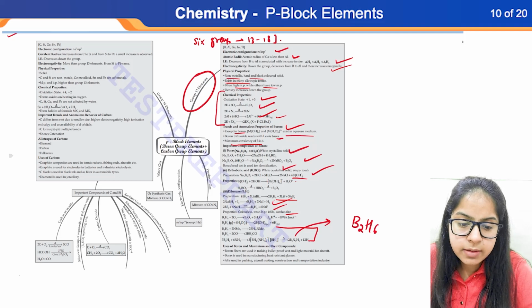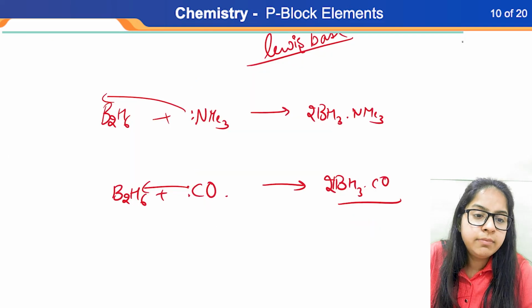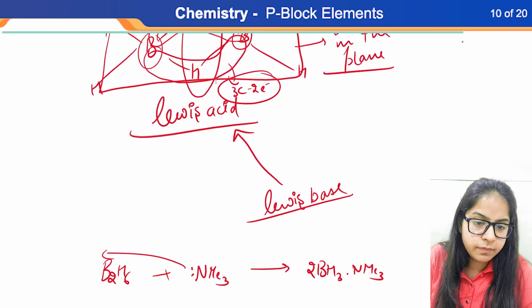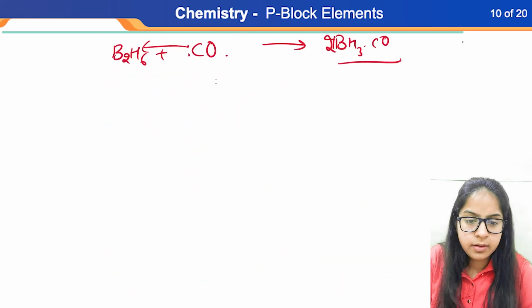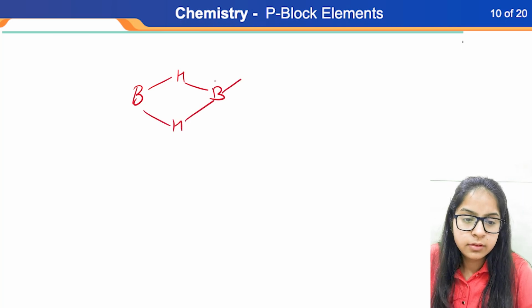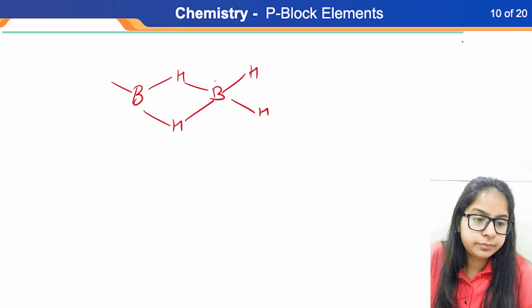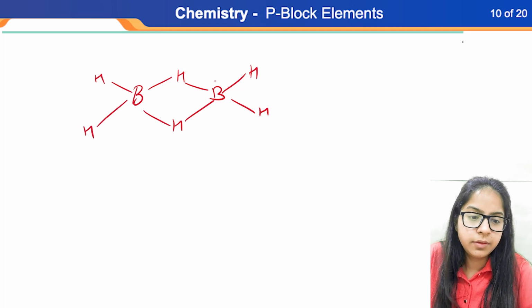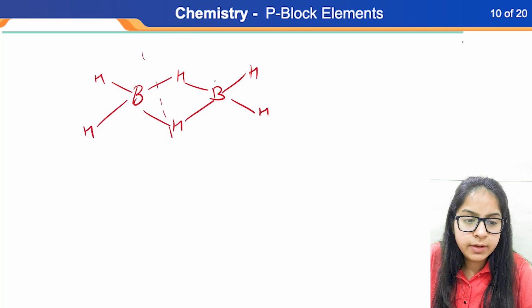Firstly, it forms a complex compound where there is unsymmetrical breaking of the B2H6. I'm going to show you how it forms in a different structure. So the unsymmetrical bonding will be like this.